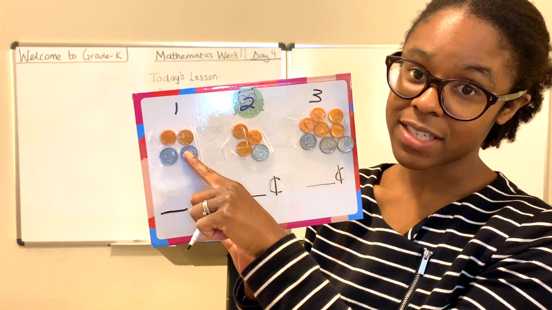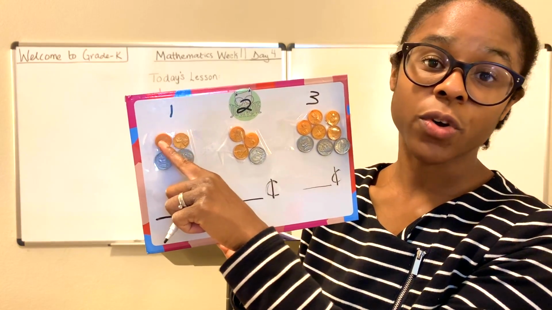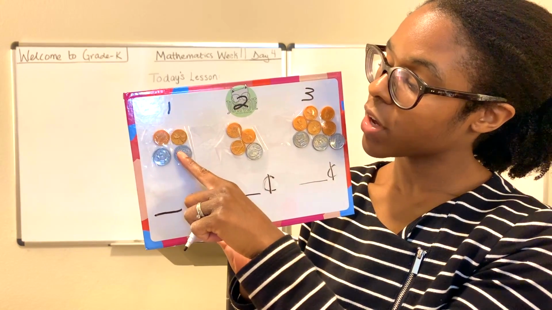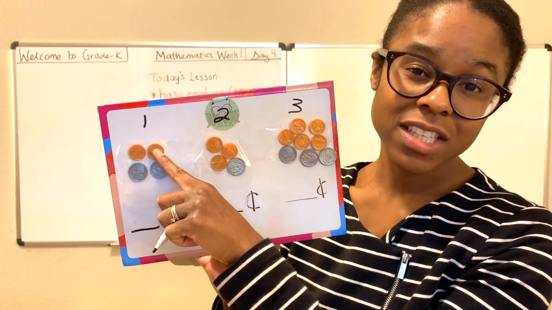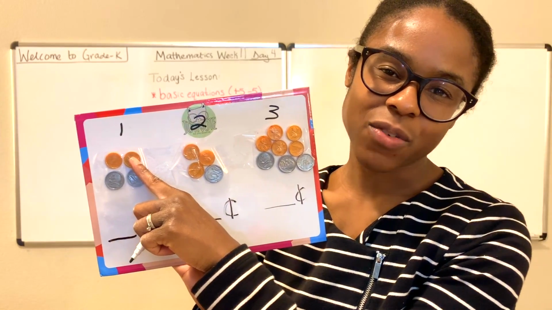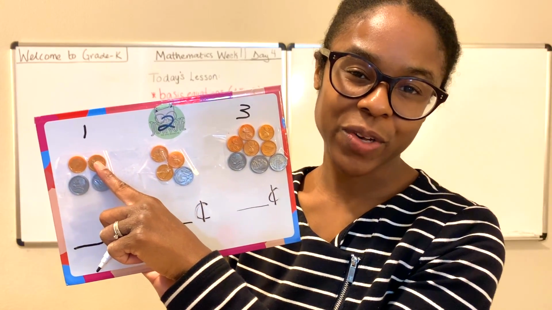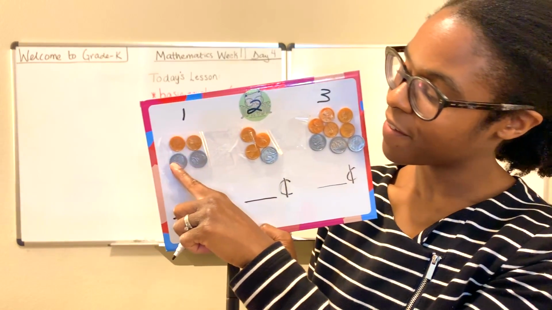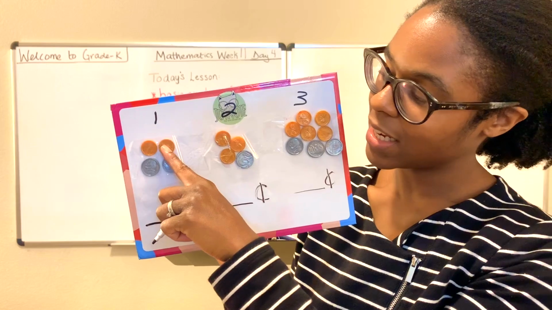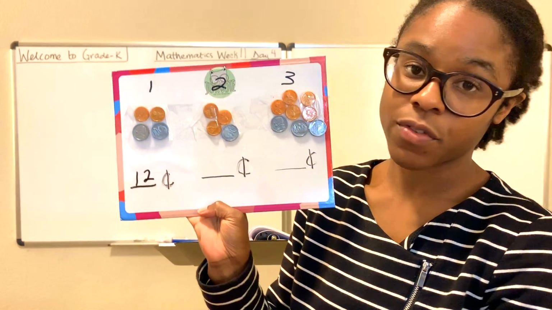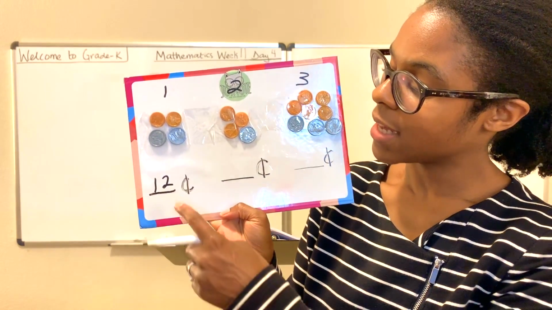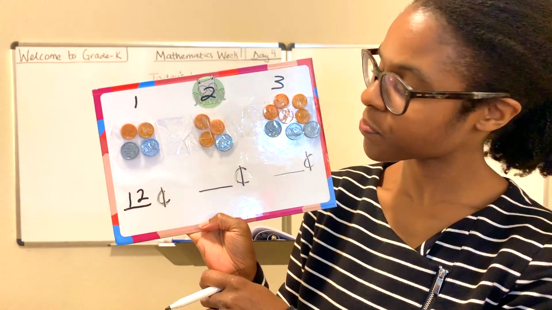Each nickel is 5 cents. The pennies are only worth 1. So although you count the nickels in increments of 5, when you're adding on to the pennies, you only need to add 1 because they're only worth 1 cent, okay? 5, 10, 11, 12. This first set has a value of 12 cents.